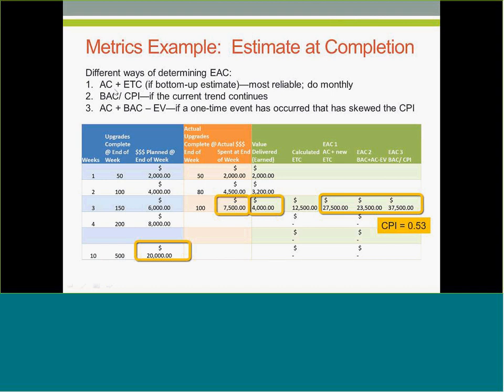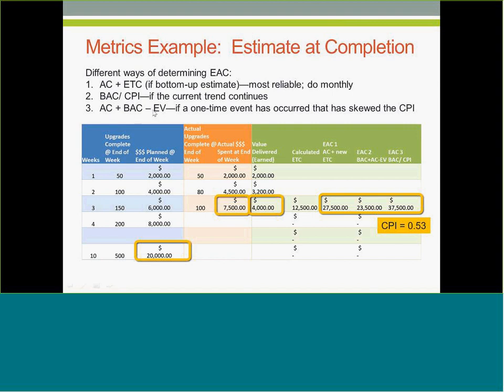And then you can also, and I think this is my favorite, look at the actual cost, then add to that the budget at completion, and subtract the earned value. And if your CPI is out of whack, because let's say one of your suppliers just went bankrupt, then this would be a good way of estimating the estimate at completion.